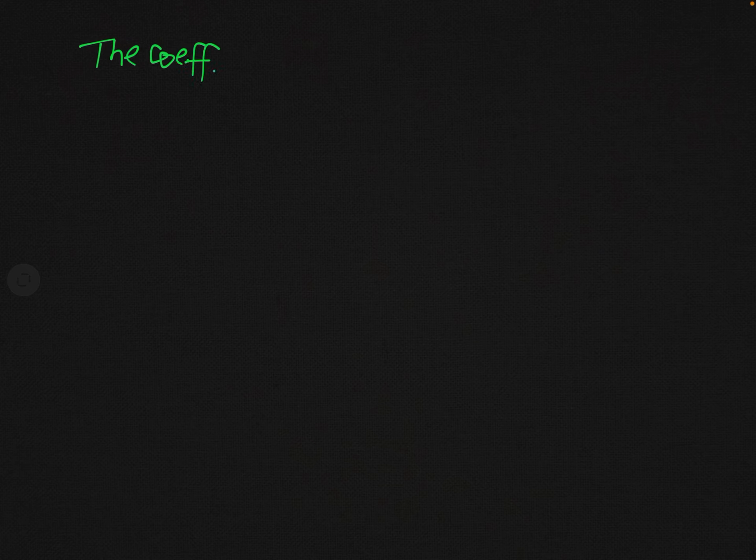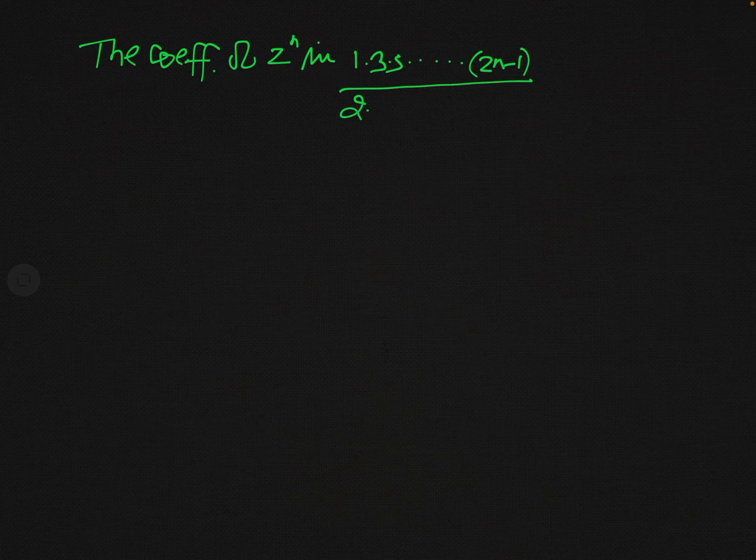So you can see easily what those coefficients are. Now see the coefficient of z to the power n in the nth term, that is 1 into 3 into 5 and so on up to 2n minus 1 over 2 into 4 into 6 and so on up to 2n, z to the power n into 2x minus z to the power n.